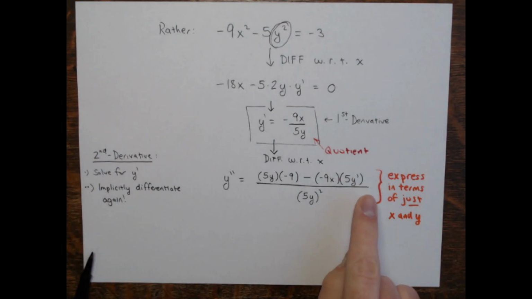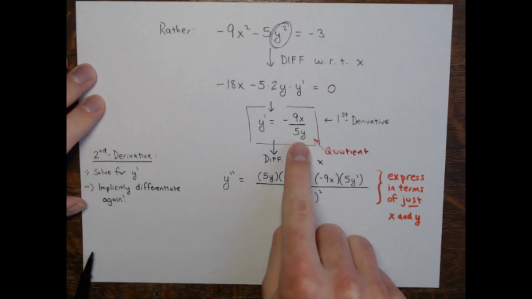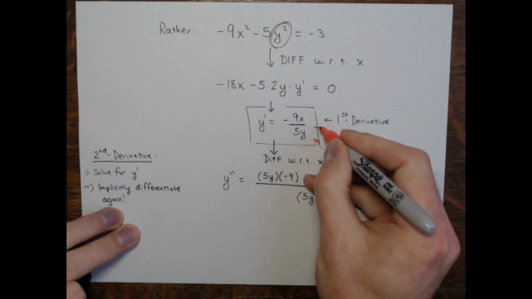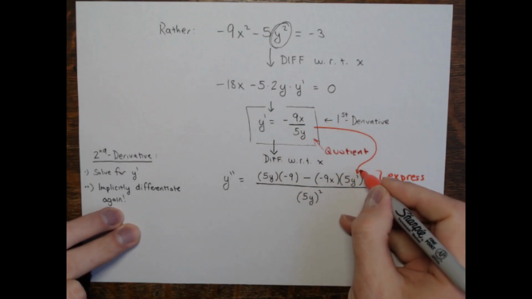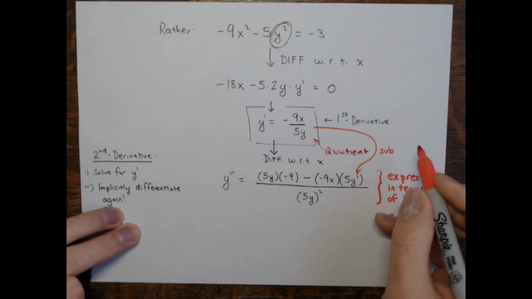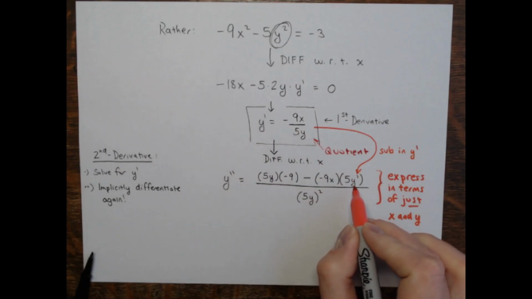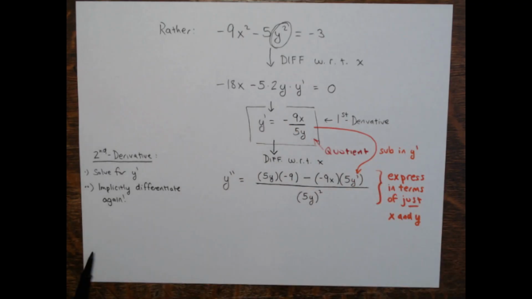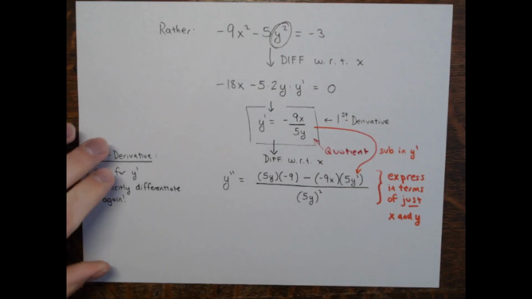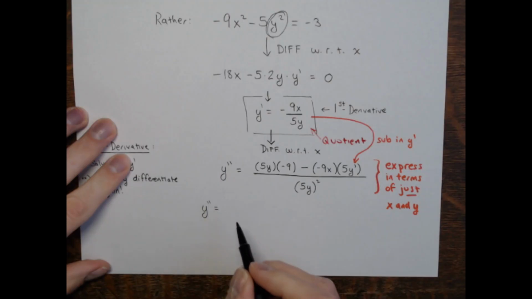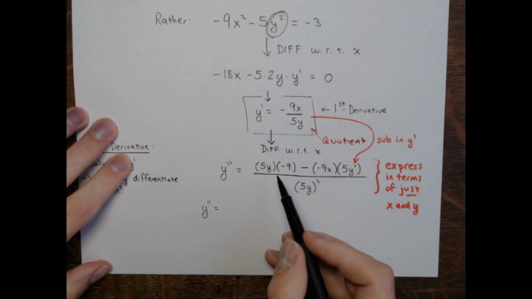Well, we already have an expression with just x and y for y prime, and that was this up here. Okay, so we're going to take this y prime from the previous line and sub it in for y prime down here. And then we'll have an expression for y double prime in terms of just x and y.